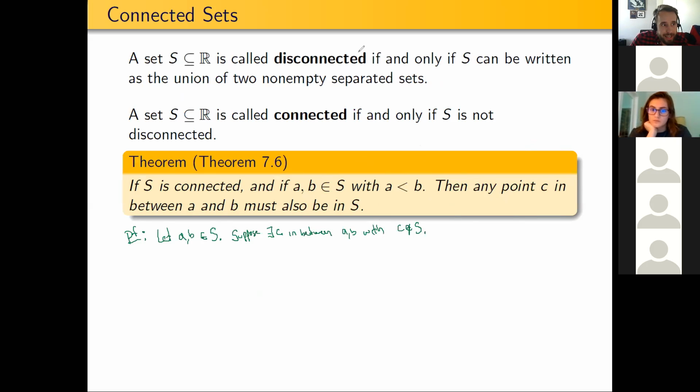So to show that a set is disconnected, I need to show that it can be written as the union of two non-empty separated sets. So this will be my contradiction.